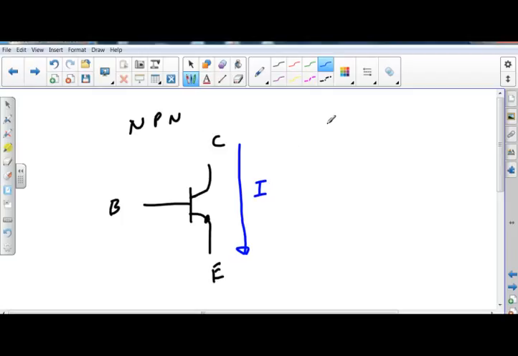The transistor, because this is a digital circuit class, is on. When it's on, we say it's in saturation. And that means there's current flowing. Or the transistor is off, and we call that cutoff.